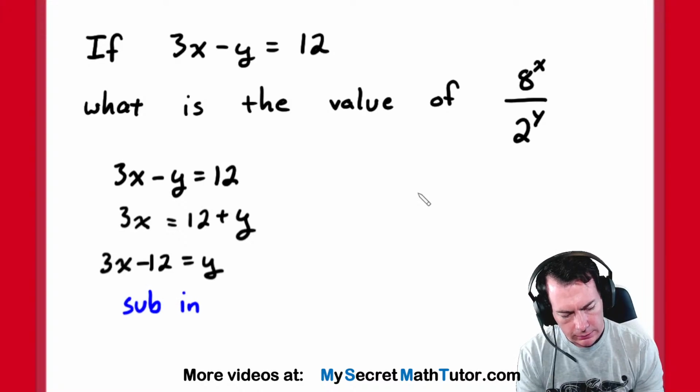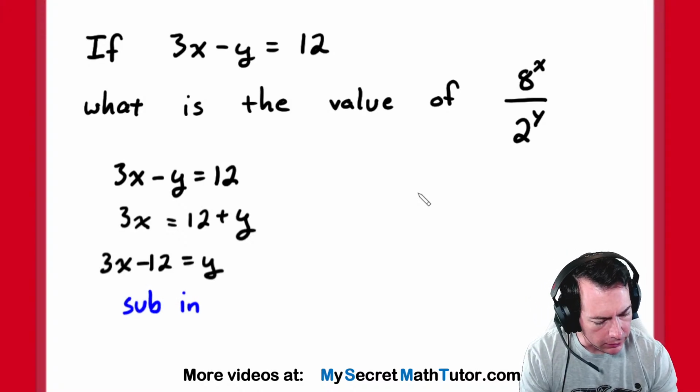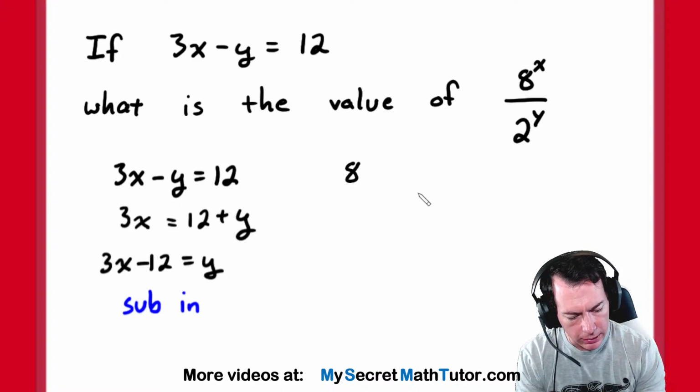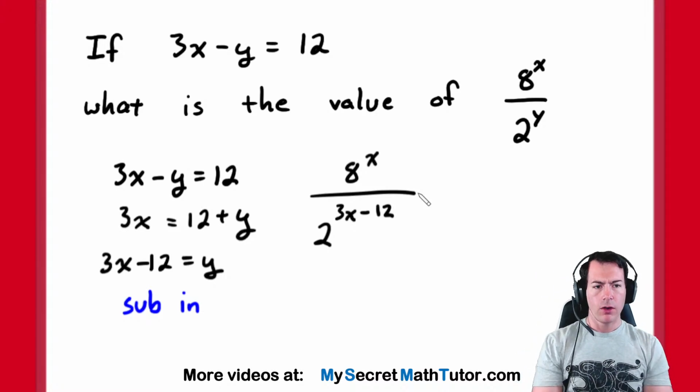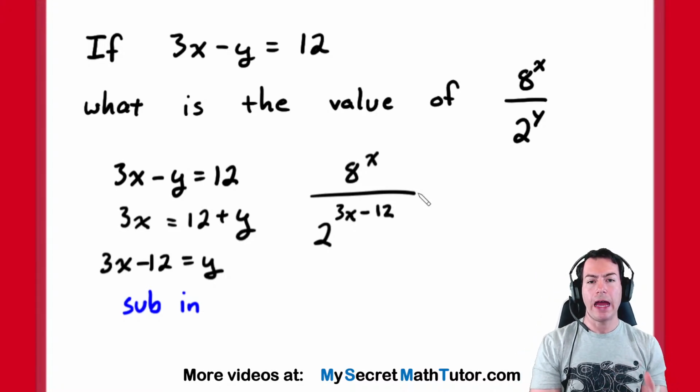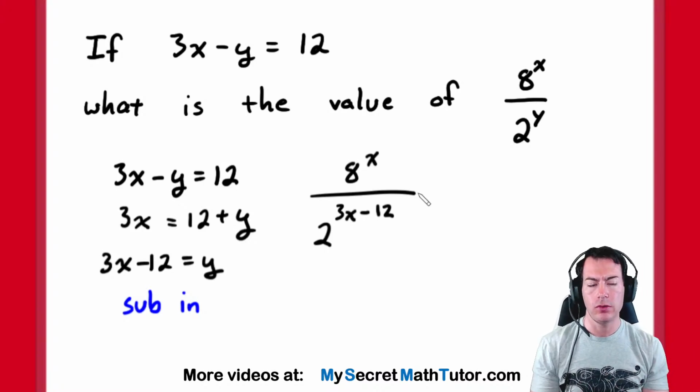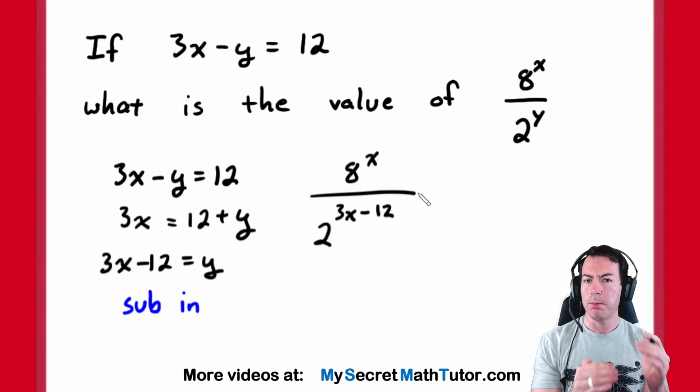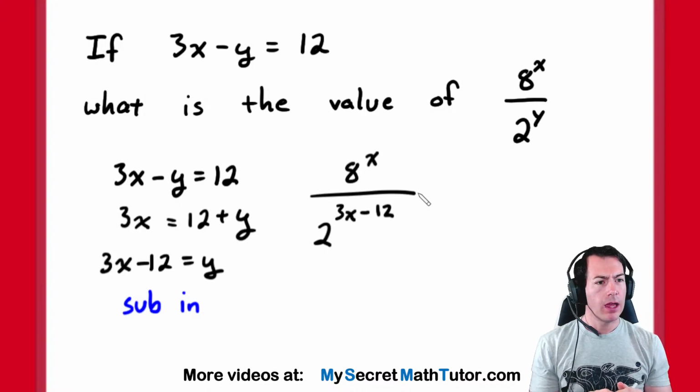Sub it in. Let's see, what does that give us for our expression? So now we'll have 8 to the power of x, all divided by 2 to the power of 3x minus 12. That's a little bit closer to what we actually want in terms of being able to reduce this. In order to use our laws of exponents, we really want the bases to be the same. And we're almost there.